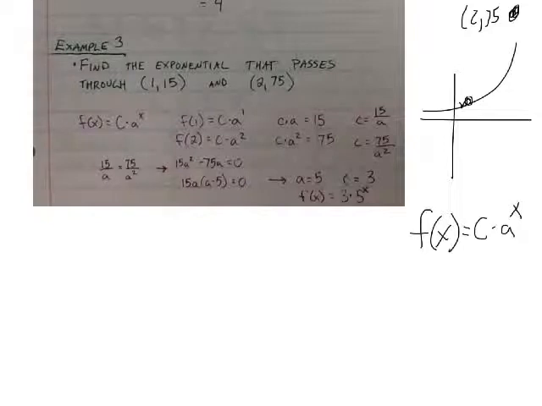So the way I go about doing that is, this is our target goal, and I know that f of 1 will look like this, c times a to the first, and that is equal to 15. So c times a to the first is 15, and c times a to the second is 75.